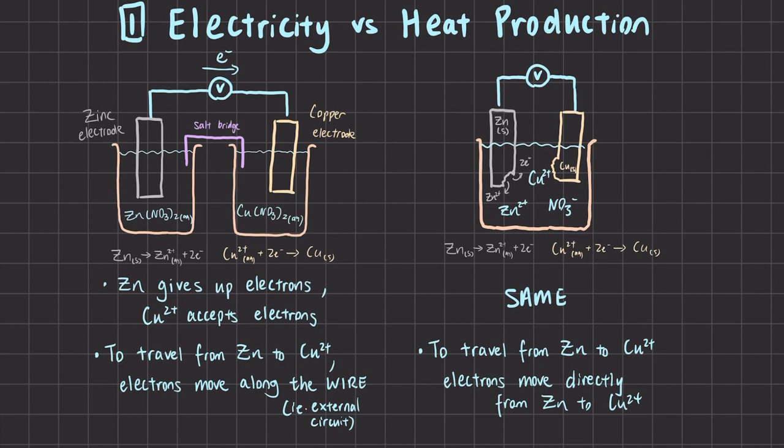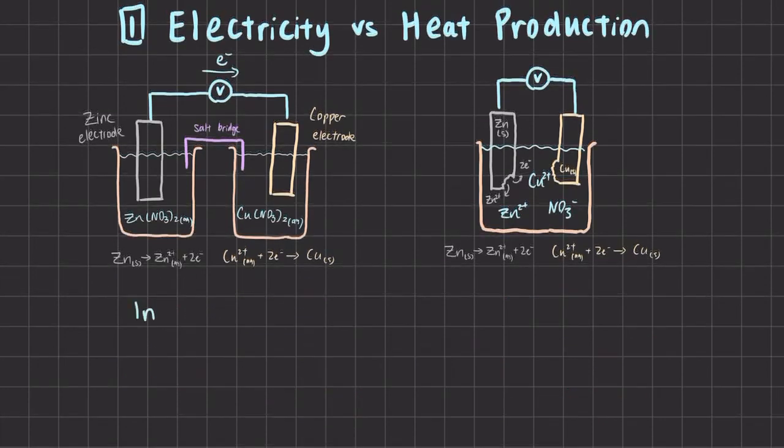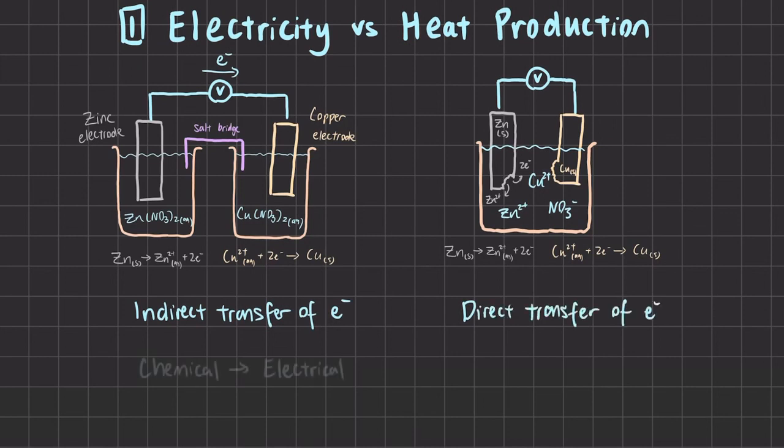So although we have the transfer of electrons, one is an indirect transfer of electrons via the wire, so that was the first case. But in the second case, we have a direct transfer of electrons between zinc and copper 2+. And since we have a direct transfer, electricity is not produced because, remember, electricity is the movement of electrons in a circuit.